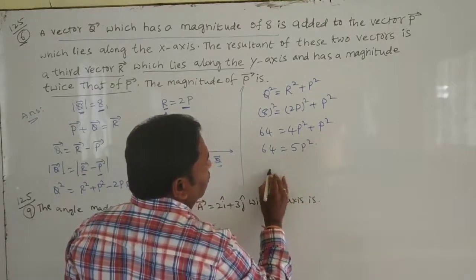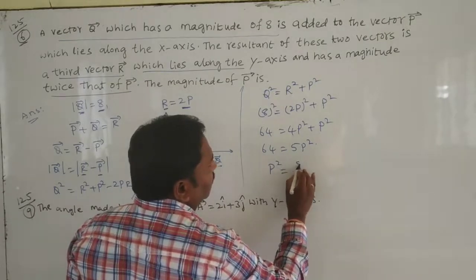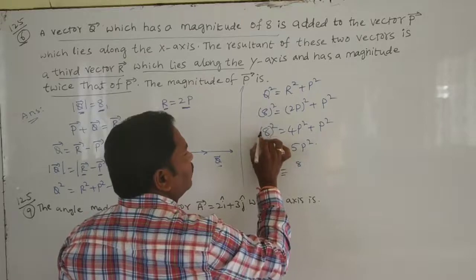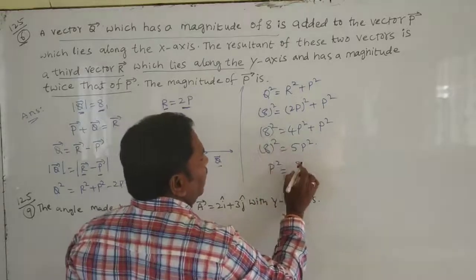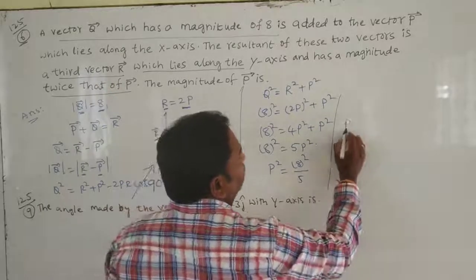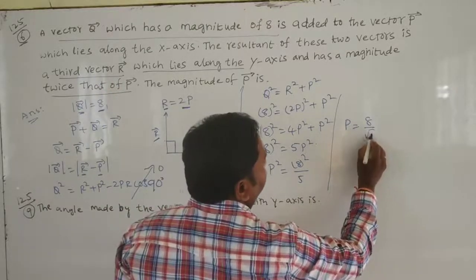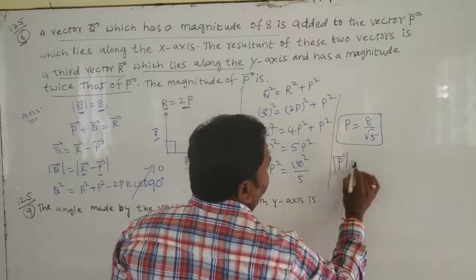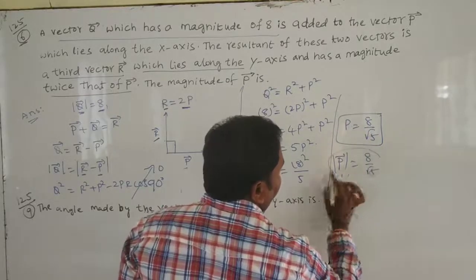So p square equals 8 whole square by 5. So the final answer: p equals 8 by root 5. So the magnitude of p bar is 8 by root 5.